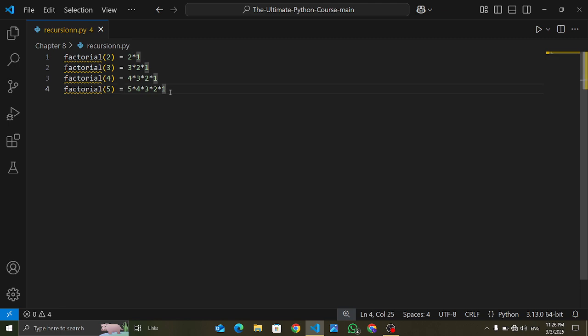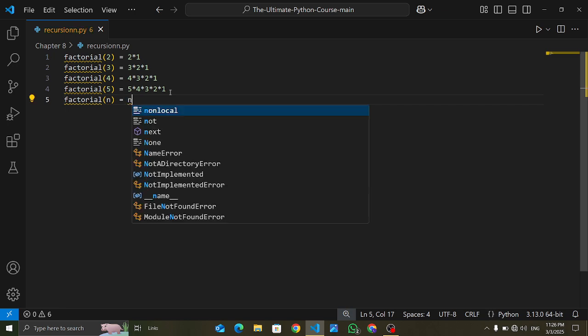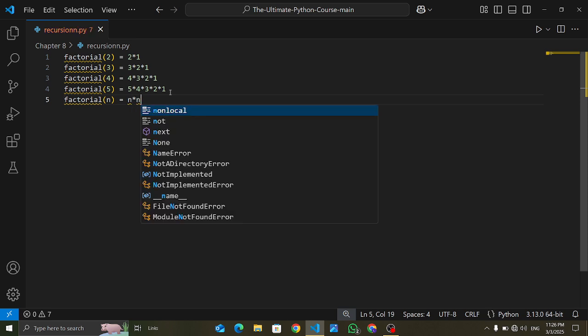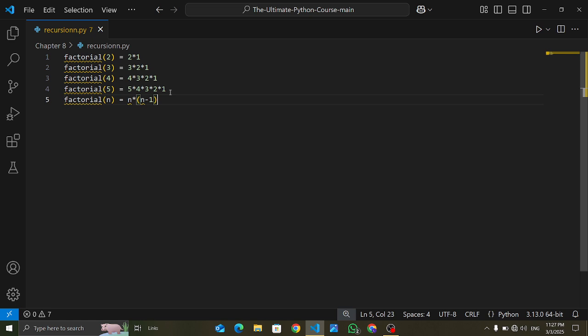So we can derive a formula from this: factorial of n is n itself multiplied by n minus 1, multiplied by n minus 2, and it keeps going like this till 1.